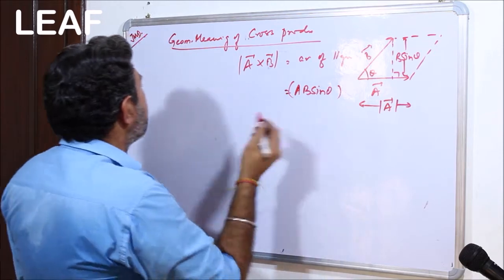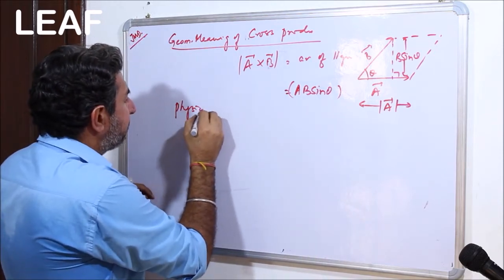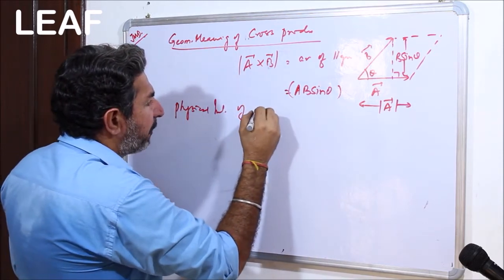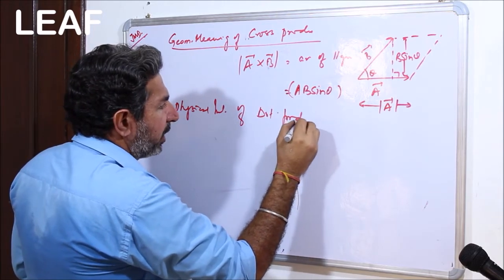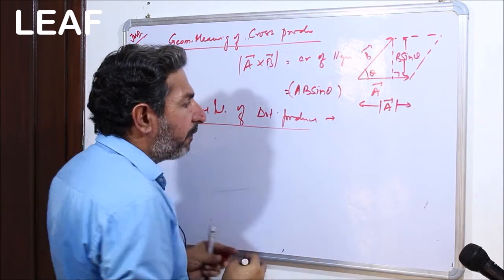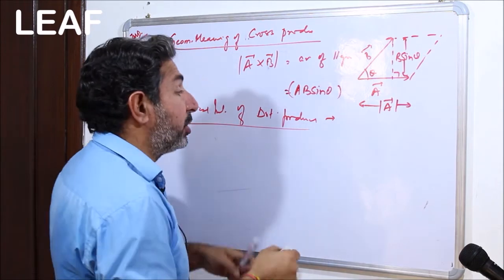Simple. Okay. And similarly, what is the physical interpretation of the dot product? The dot product is going to give us the idea of the projection of a vector.